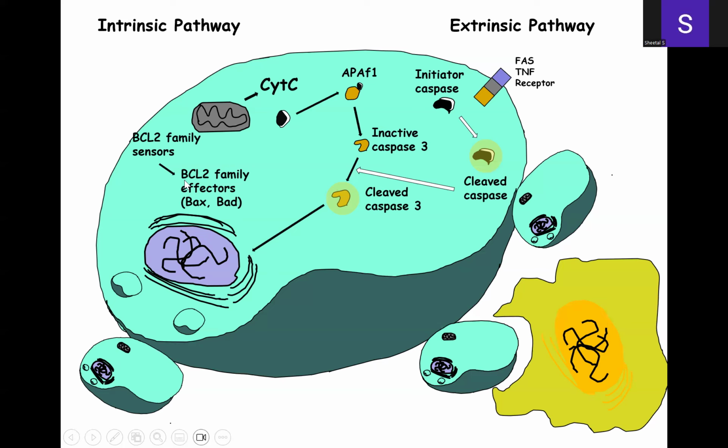So here we also have the BCL2 and the BCLXL proteins that promote cell proliferation by inhibiting the activity of the BCL2 family effectors.